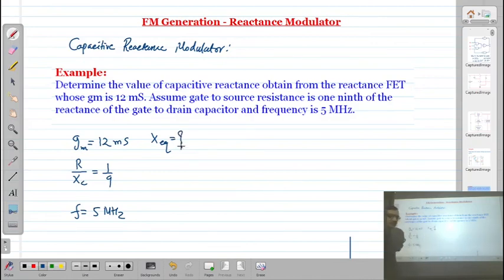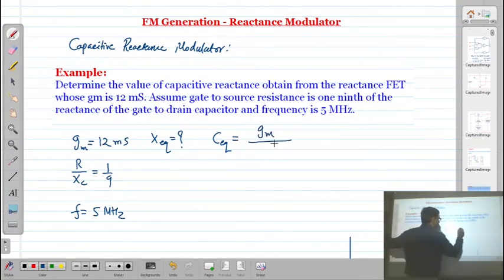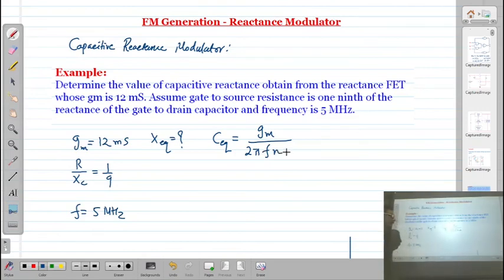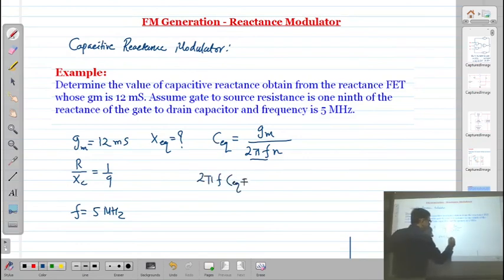We have to find this. Now, what is the C equivalent? Just now we already derived the formula that C equivalent is given by Gm upon 2 pi F into N. So if I take the 2 pi F with this, then 2 pi F C equivalent will be Gm by N. And 2 pi F C equivalent is 1 upon Xc equivalent.